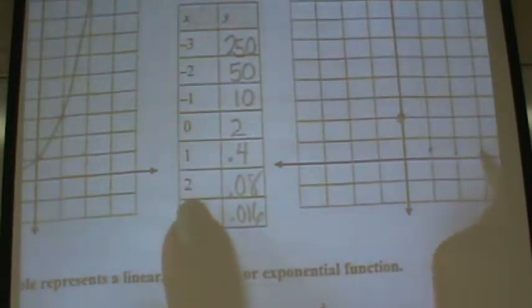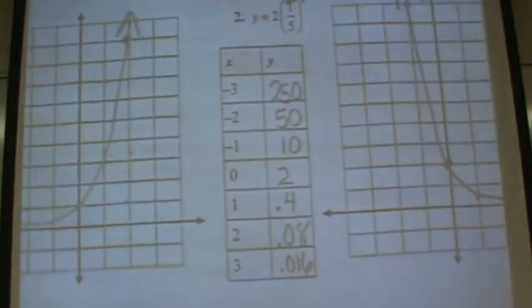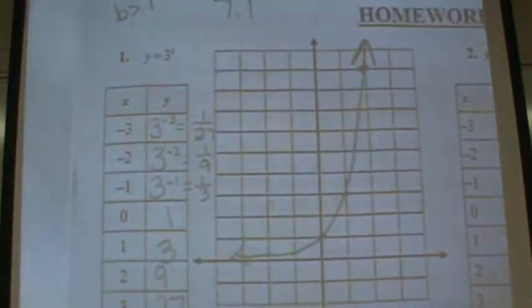And what's happening is this is getting smaller and smaller. So I want you to realize, this is just review, this base, if the base is less than 1 and greater than 0, it's an exponential decay problem. If the base is greater than 1, it's an exponential growth.